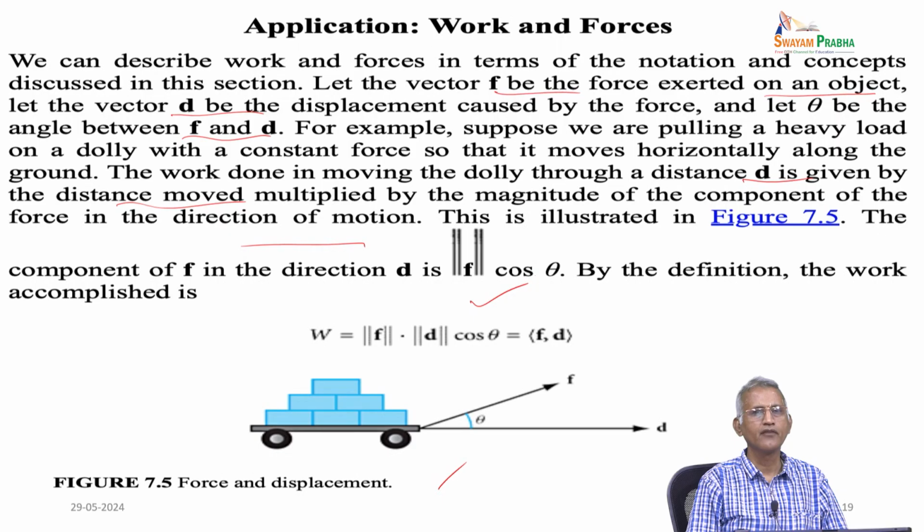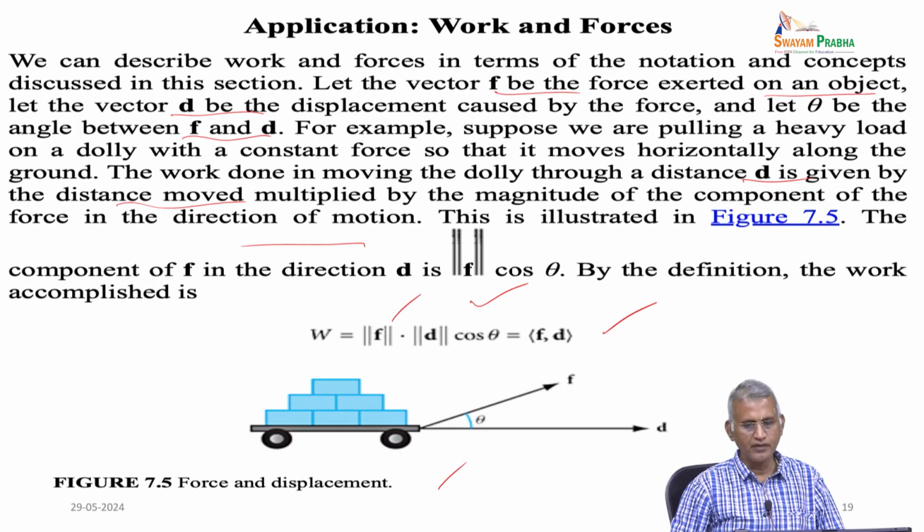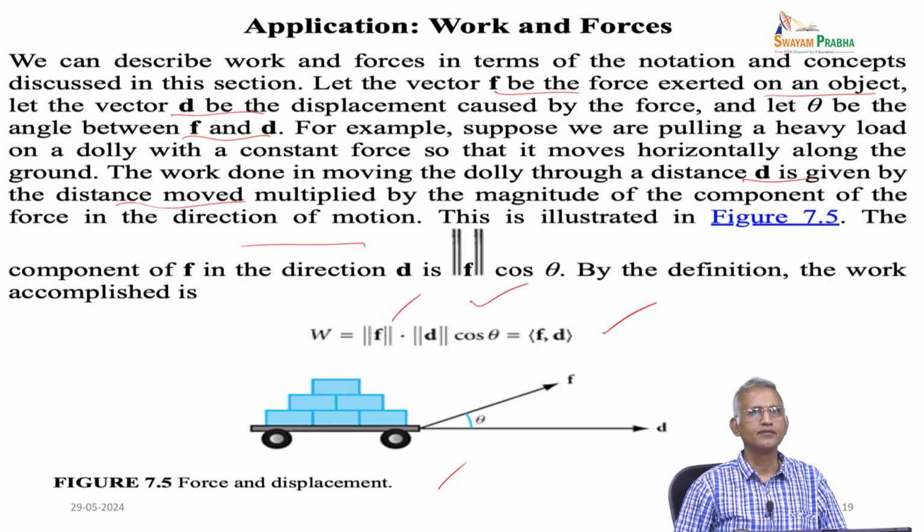Therefore, according to the definition, the work can be written as norm F into norm d into cos theta, or rather the inner product of F and d. So, this is the mathematical modeling of force and displacement. Having the force, the distance and the angle between them, we have the work done by the force.